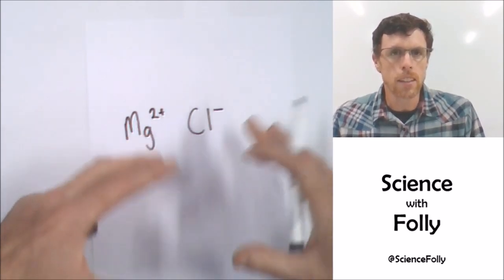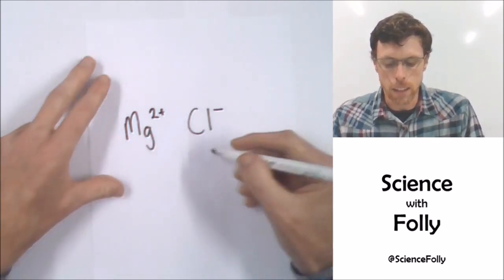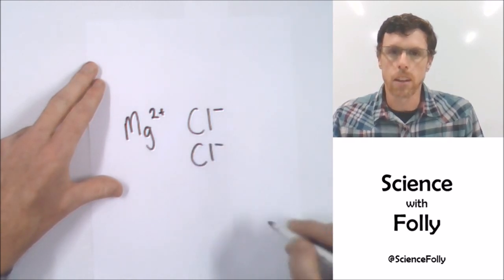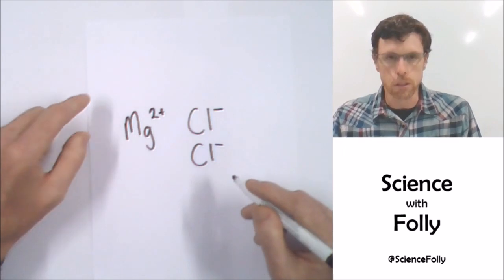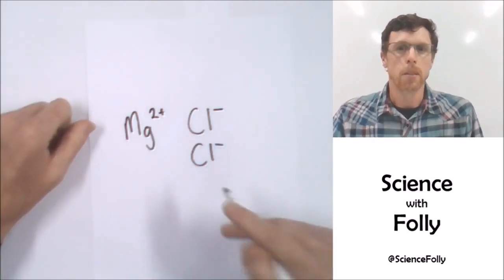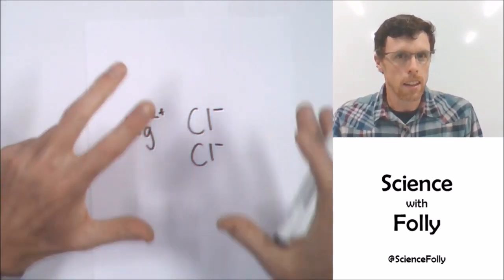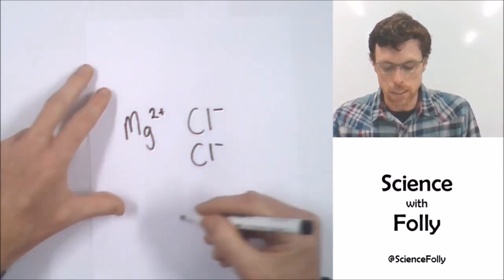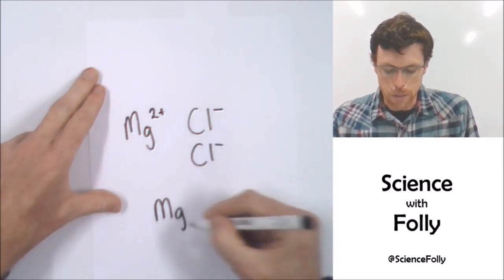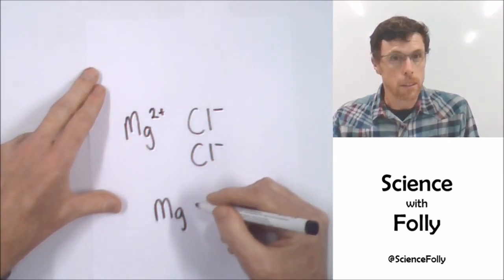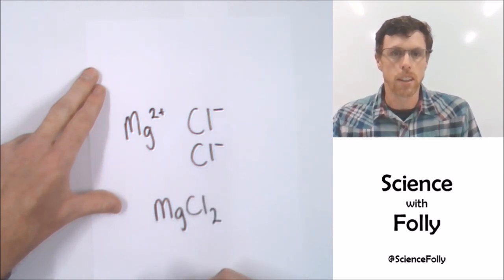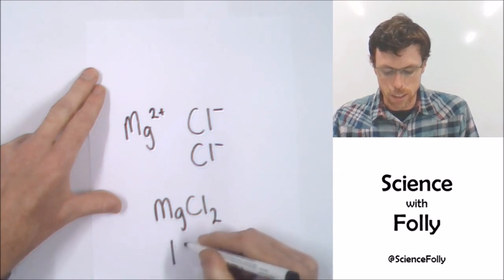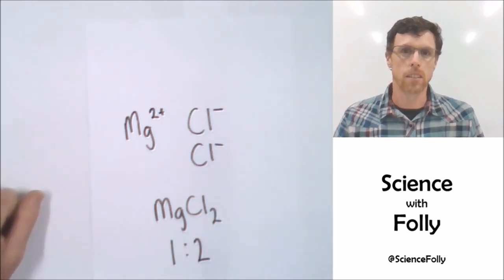So in a magnesium chloride compound, we need 2 chloride ions to balance the magnesium. And therefore, if I have a piece of magnesium chloride, in that 3-dimensional lattice of magnesium chloride, I'm going to have a ratio of 1 magnesium ion to 2 chloride ions, and so in this case it's a ratio of 1 to 2.